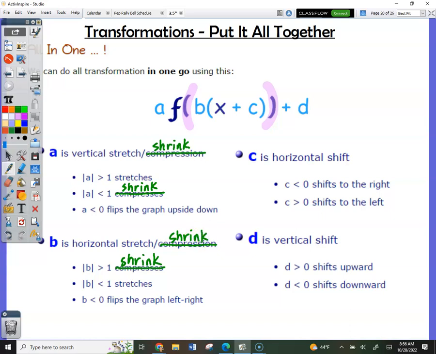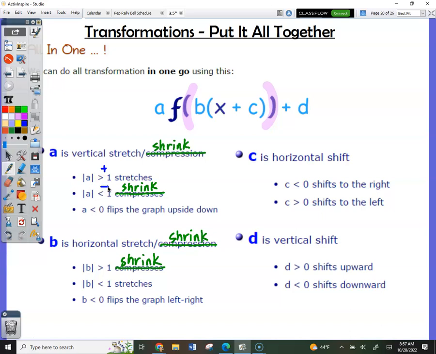I pulled this from another website because I liked how it organized everything. So the placement of A. A is in the very front, which is helpful because A is the front of the alphabet. So the thing in the very front, remember if A is a positive number, it's stretching. If it's greater than 1, it's stretching.